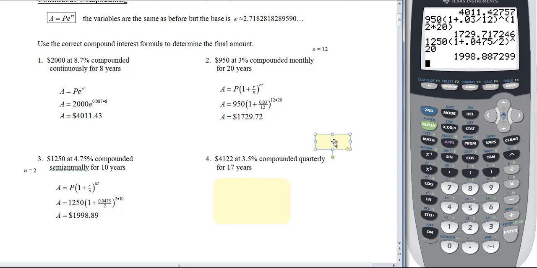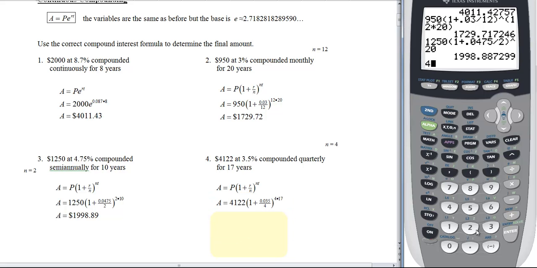This one, compounded quarterly. N would be 4. The formula, same formula I had here, because I do not see the word continuous. So my money goes at P for present value. R would be 0.035, be careful. Both of my N's would be 4, and the T would be 17. So 4,122, parentheses, 1 plus 0.035 divided by 4, raised to the, that would be 68?